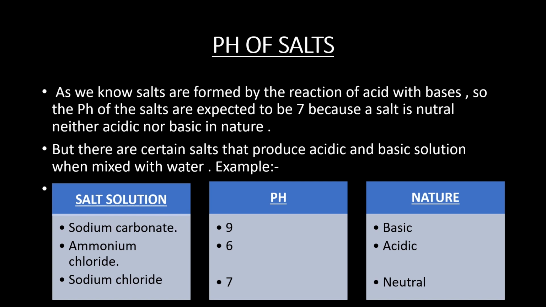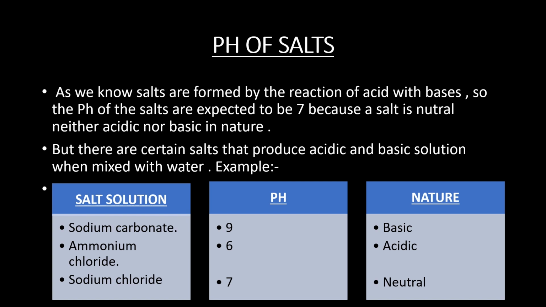It shows that acid and base are both destroyed, so the solution will be neutral. If we think so, then it will be neutral. But there are certain exceptions also.